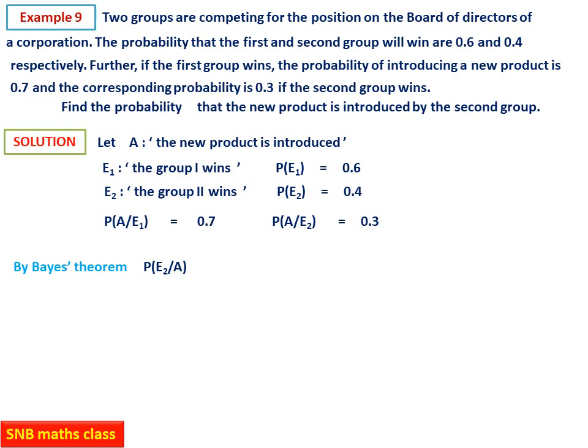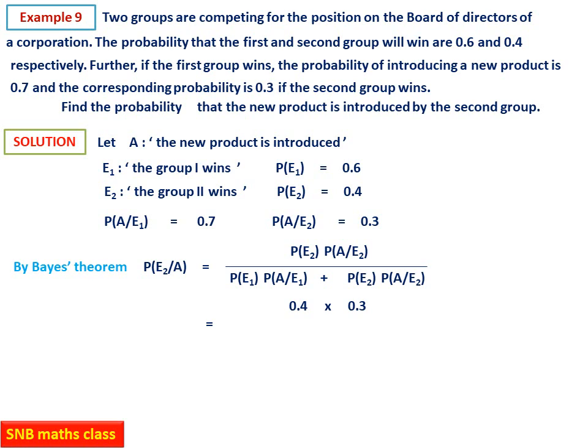Now by Bayes theorem, what is asked is probability E2 given A. So that will be equal to probability E2 into probability A given E2 divided by probability E1 into probability A given E1 plus probability E2 into probability A given E2. Just substitute 0.4 into 0.3 divided by 0.6 into 0.7 plus 0.4 into 0.3. Simplify, you get 2 by 9 as the answer. So this is example 9.